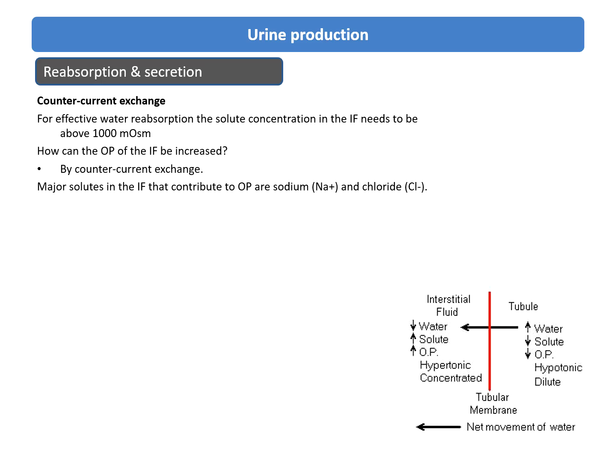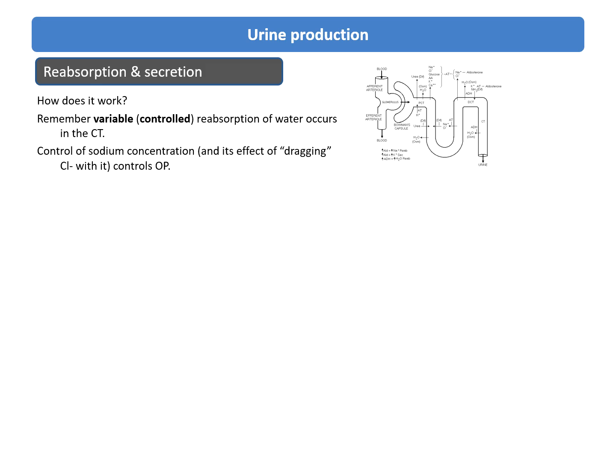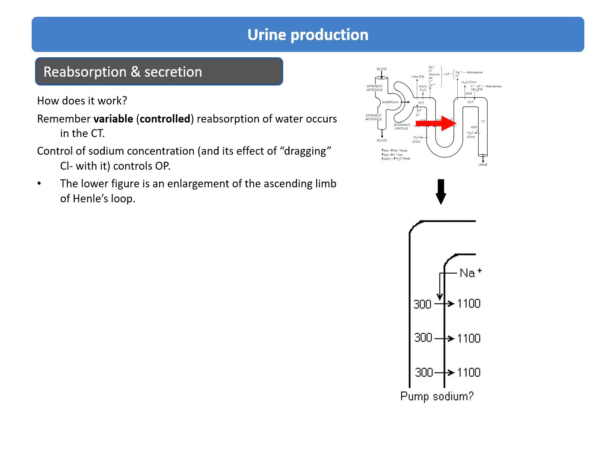The major solutes in the interstitial fluid that contribute to osmotic pressure are sodium ions and chloride ions. How does it work? Well, remember, variable or controlled reabsorption of water occurs in the collecting tubule. Control of sodium concentration and its effect of dragging chloride with it controls osmotic pressure.